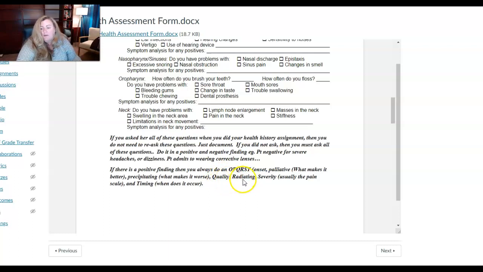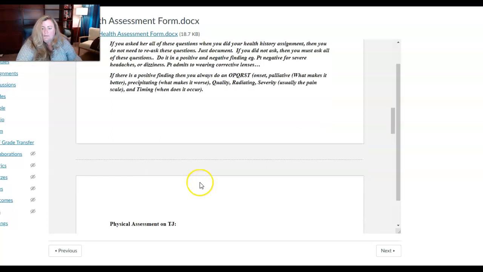Radiating, not either. Severity, how bad is it? Is she 20/100 without her glasses? And if it were pain, of course it would be a pain scale. And is it worse at night? Is it worse when she drives, or whatever? So any positives, you're going to do an OPQRST, and any negatives, you're just going to say that she denies.